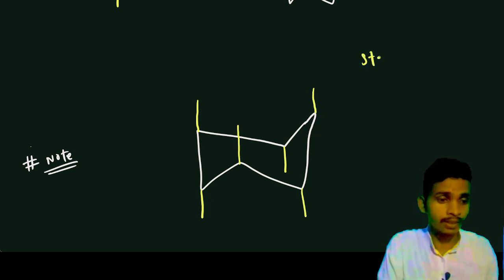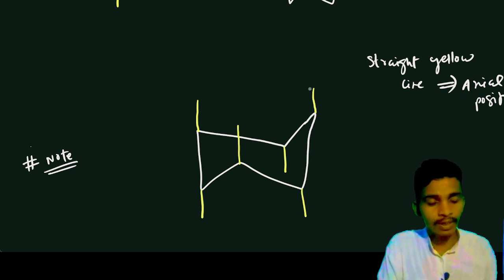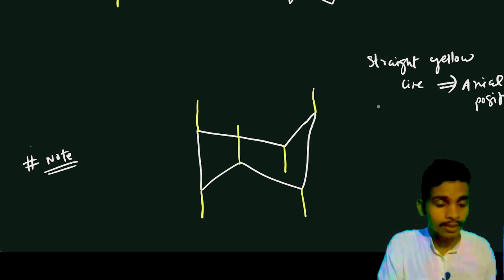So the straight lines are axial positions. If any group is there, let's say CH3, whatever the group, they are in the axial positions.